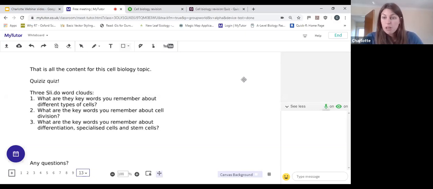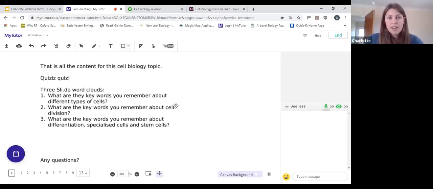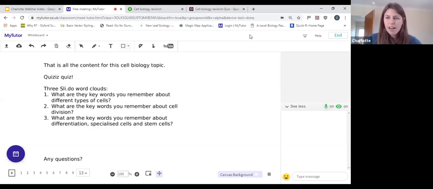Cell division by mitosis we looked at as well, and cell differentiation and specialization from stem cells. So we looked at stem cells and how they can be used in medicine. I have a 10-question quiz about this.